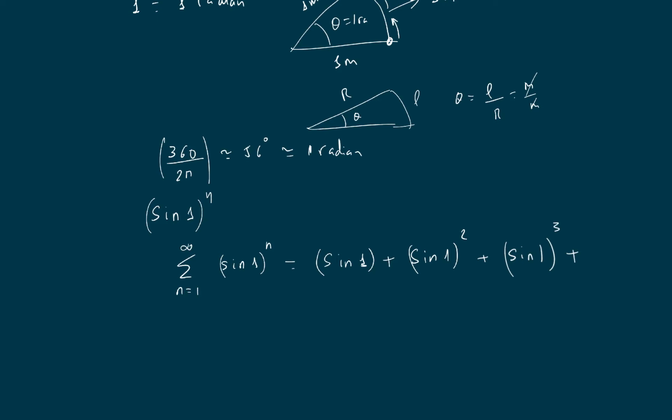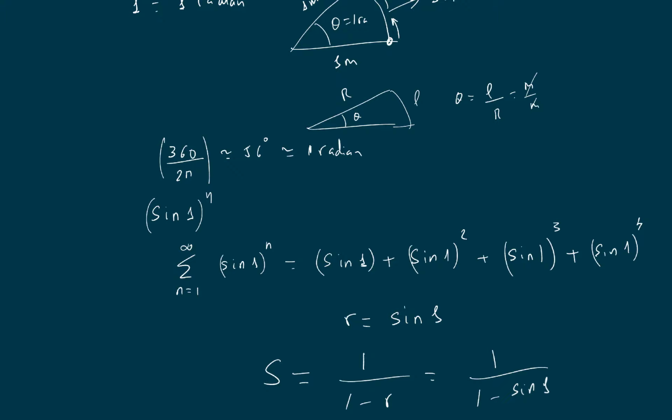I see the geometric series, sine of 1 to the 4. So what is the r of this geometric series? The r is sine of 1. And what is the infinite sum? Because it's a geometric series, it is 1 divided by 1 minus r, and r is sine of 1.